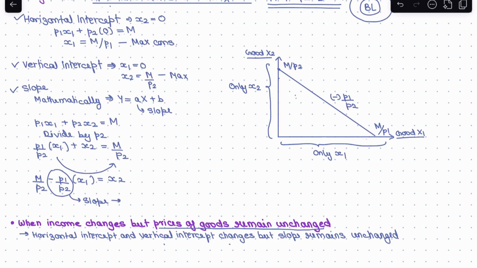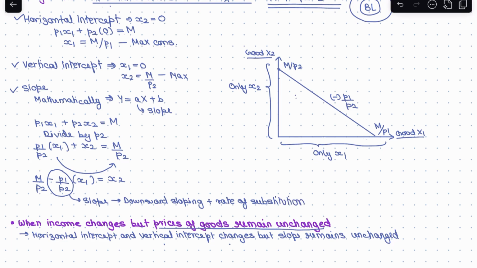Since the slope is negative, we'll have a downward sloping budget line, and this minus of p1 by p2 shows the rate at which the consumer can substitute good 1 for good 2.